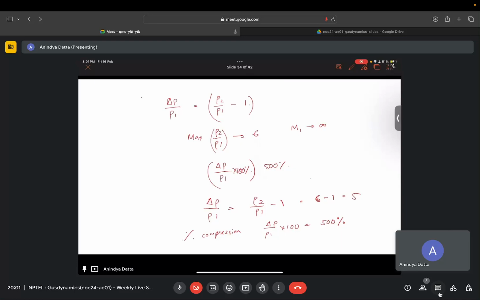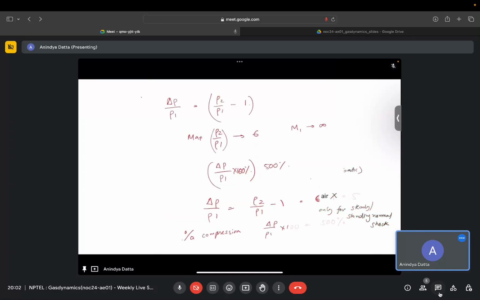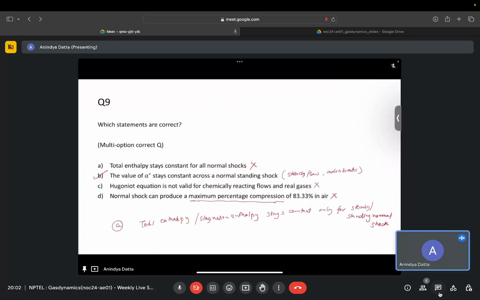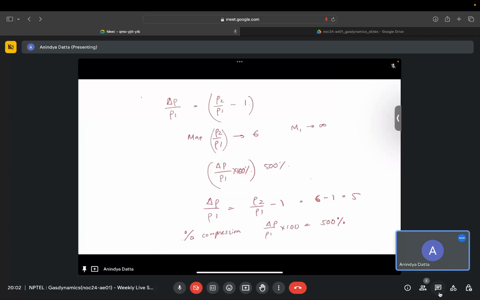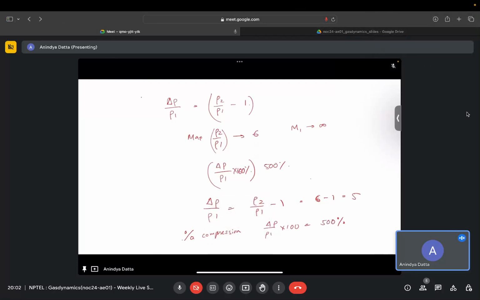So the maximum density change can be of the magnitude of 500%. This is in air, which means gamma equals 1.4, and for that we have seen that when the Mach number tends to infinity, the ratio rho 2 by rho 1 tends to 6.